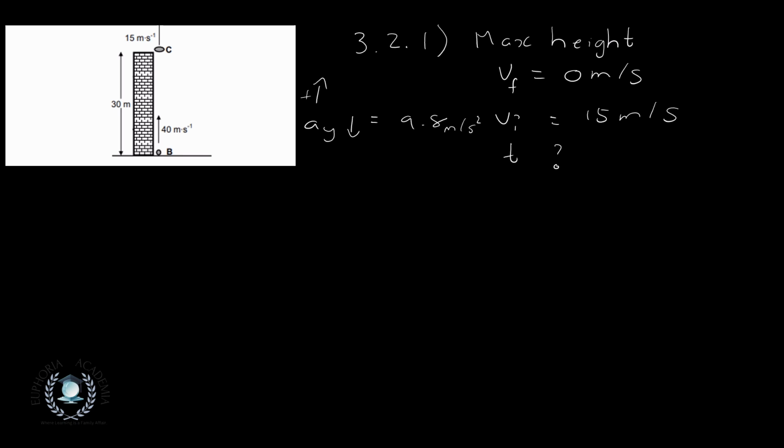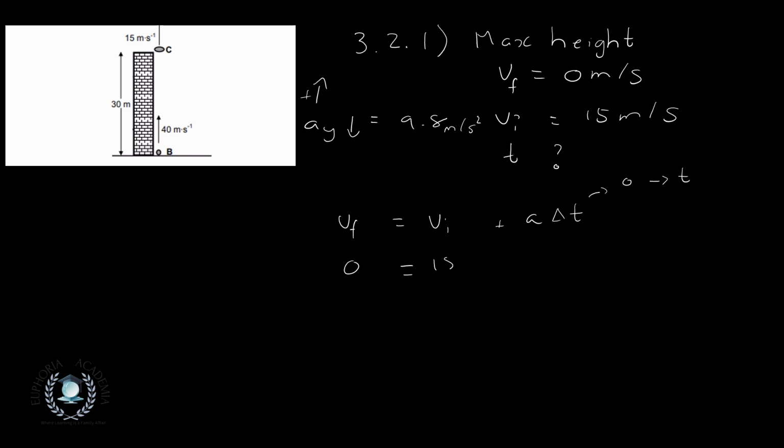All right, so I'm going to use the formula Vf is equal to Vi plus a delta t. Now, we already know that we're moving from t is equal to 0 to some time t, so I'm just going to replace the delta t with t. Let's do some substitutions. Vf is 0, as stated before.